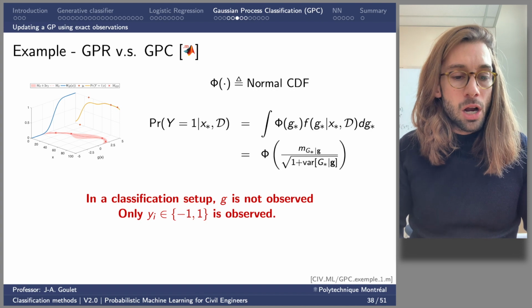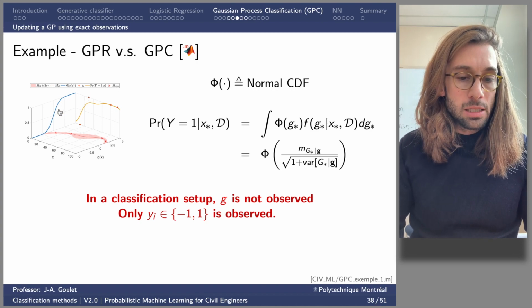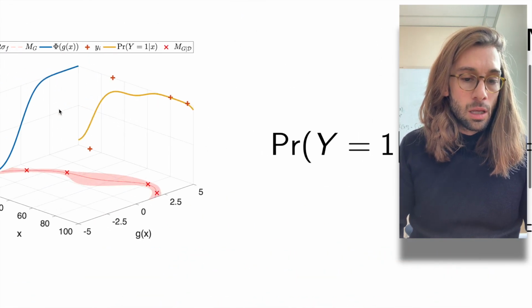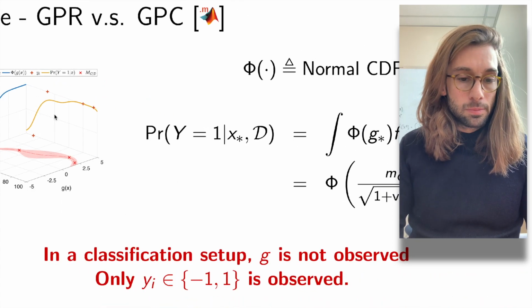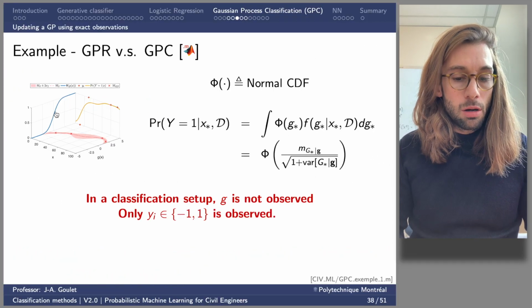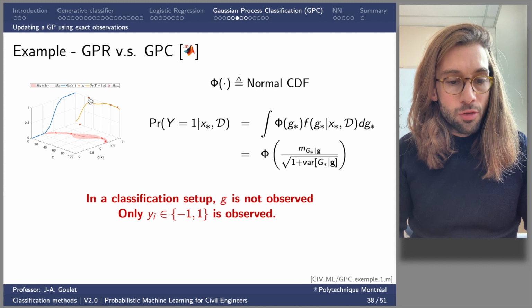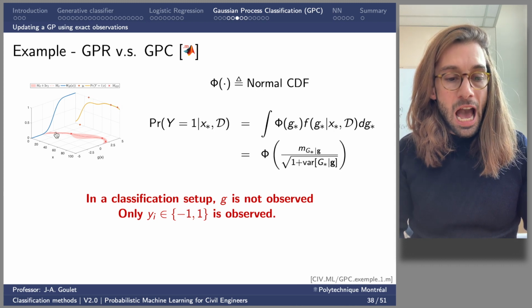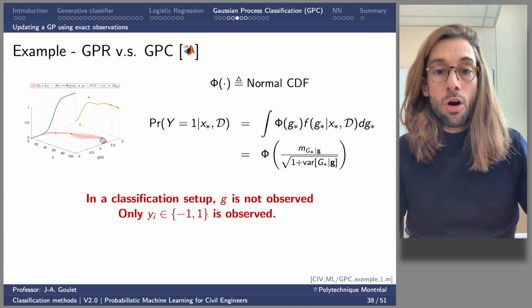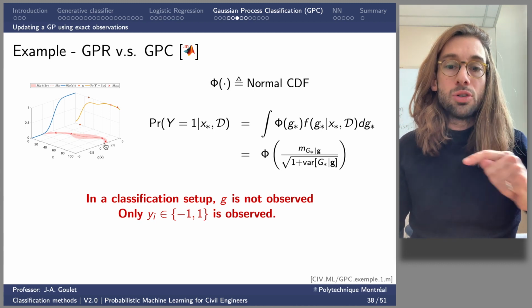Okay, so here's our example of such classes, +1 or -1. From these observed classes, we want to infer what could be the actual observed value for what is now a latent Gaussian process.